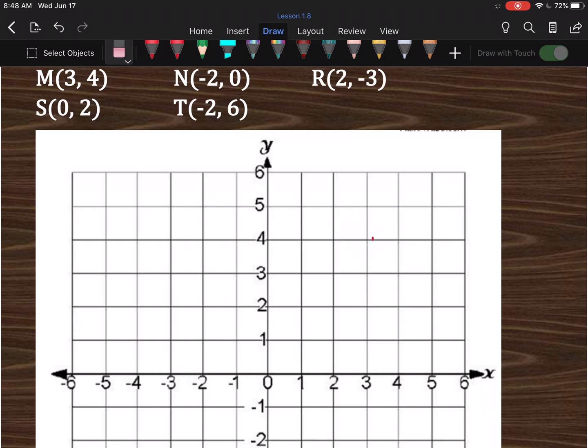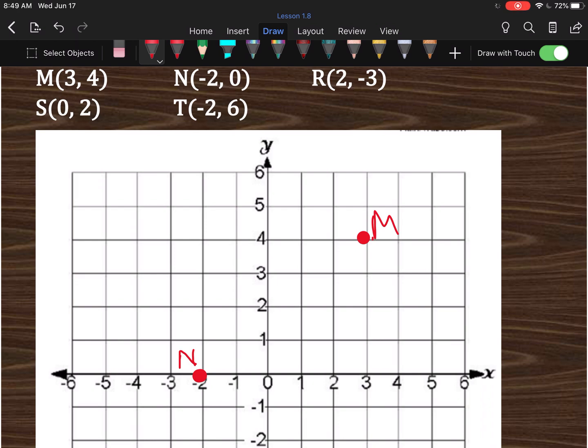And that is M. Positive numbers go right and or up. Negative numbers go left and or down. So negative 2, 0 says from the origin go left 2 and don't go up or down. So literally there. That's N.